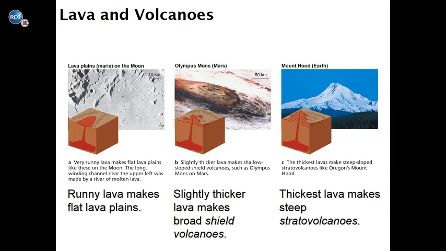So slightly thicker, slightly more viscous lava is going to flow fairly large distances but cool, and it's going to build up a mountain. And so they make these broad shield volcanoes. And Mars is an ideal example because it has massive, massive upwelling volcanoes. These massive shield volcanoes.